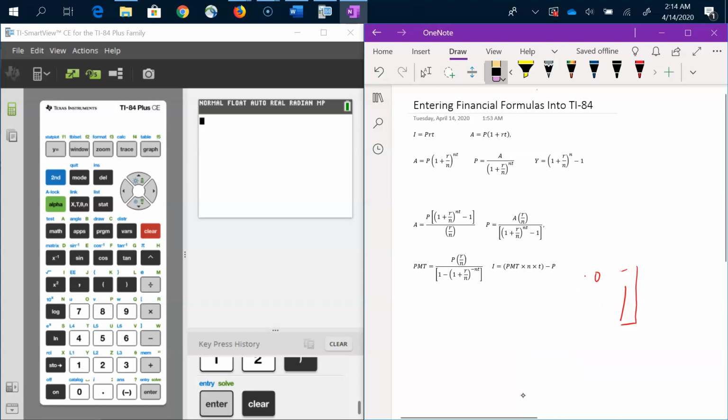That's pretty bad handwriting, but I'm going to erase it. Okay, go back to drawing again, and we're going to use this one here. How much do I need to put in?